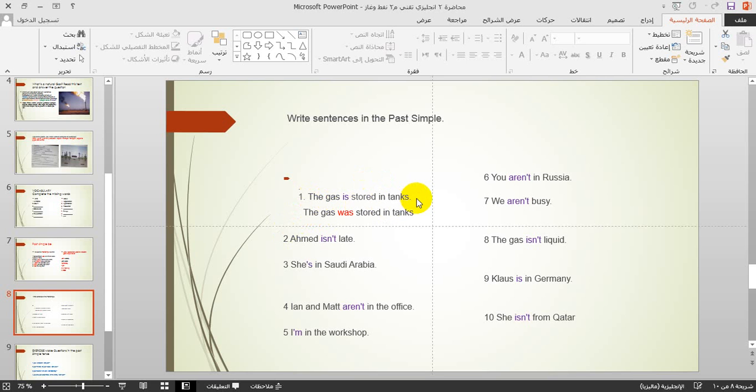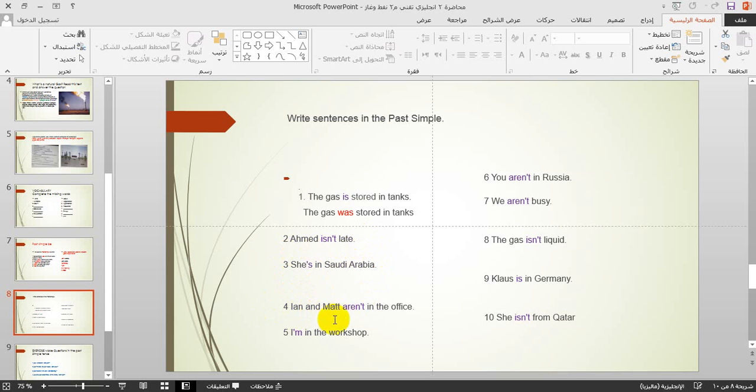The gas is stored in tanks. To change it into the past: the gas was stored in tanks. You have changed the verb be to was. Next, Ahmed is not late. It's easy. The past will be Ahmed was not late. Now, she is in Saudi Arabia. The past of is to be was: she was in Saudi Arabia.